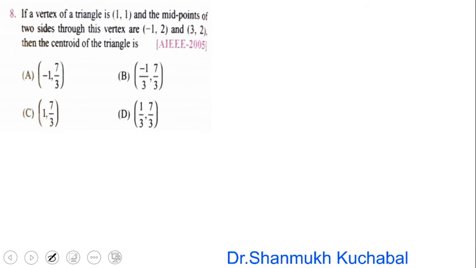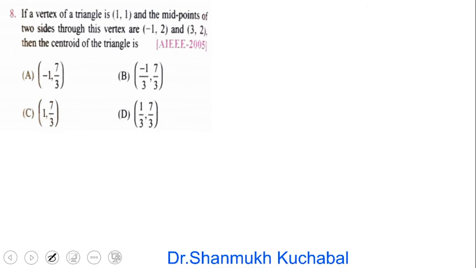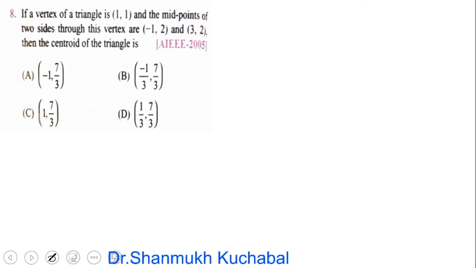If a vertex of a triangle is (1, 1), and the midpoints of two sides through this vertex are (minus 1, 2) and (3, 2), then the centroid of the triangle is. So we will draw the diagram.